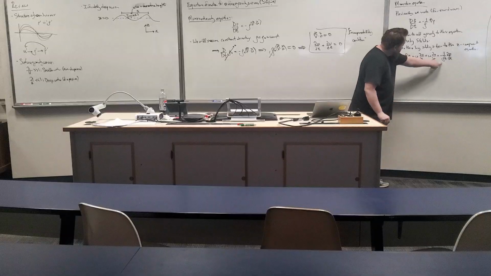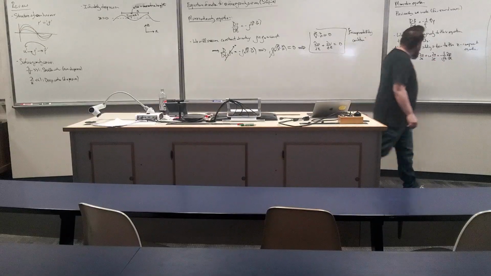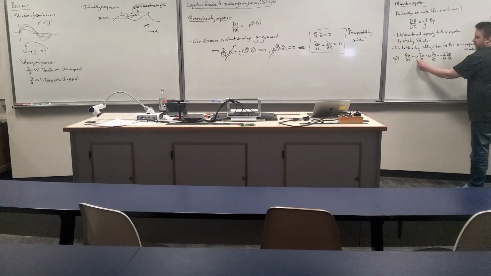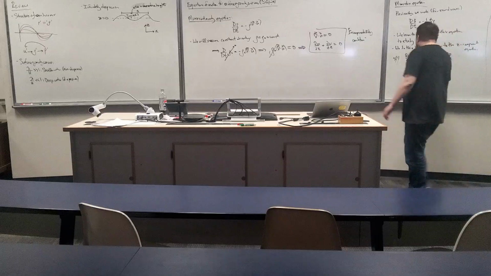Here we've made the assumption that rho is constant density. So this equation is the same equation that we had before for sound waves. The only difference is that now we've done 2 dimensions, so we're including both the u material derivative part plus the w material derivative part.